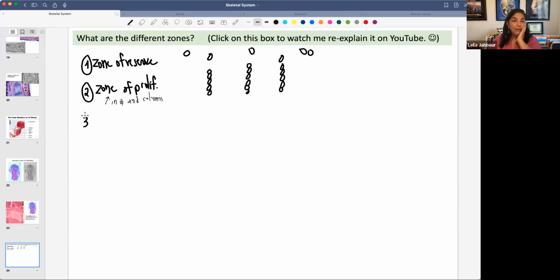So zone 3, this is where cells are starting to get a signal that we're not on the right path for our survival. Because here it's zone of hypertrophy.